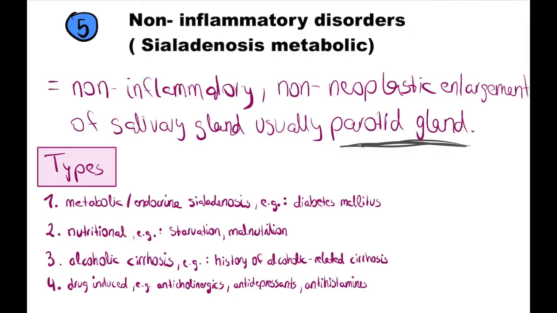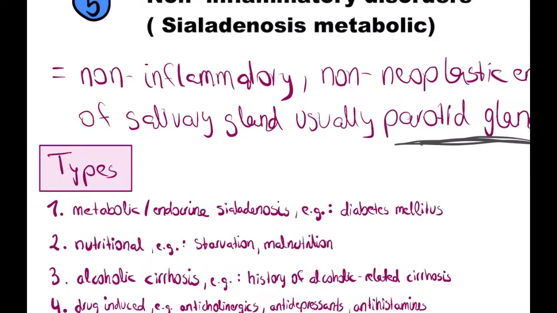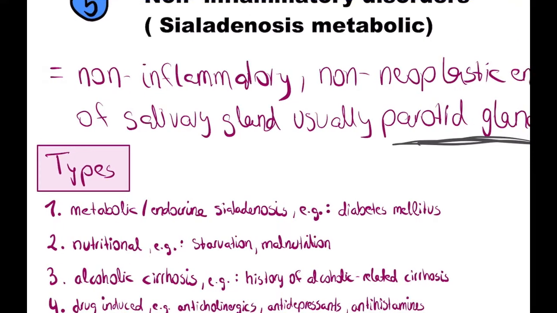There are about 4 types of metabolic non-inflammatory disorders. We have the metabolic endocrine sialadenosis. It doesn't end with itis because it is not an inflammation. An example is diabetes mellitus. The nutritional type can be starvation, malnutrition, or alcoholic cirrhosis, for example a history of alcohol-related cirrhosis.